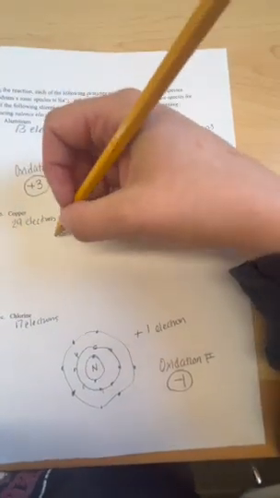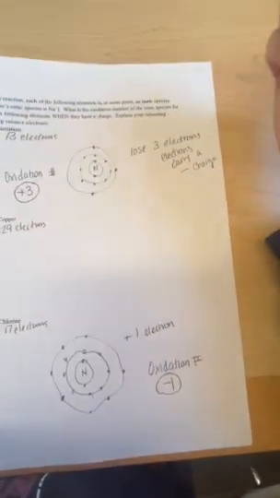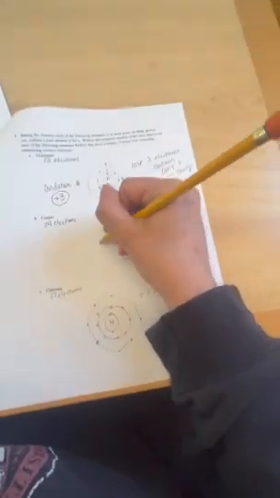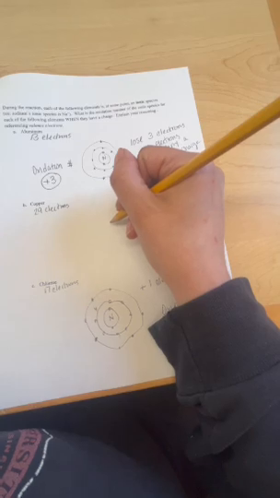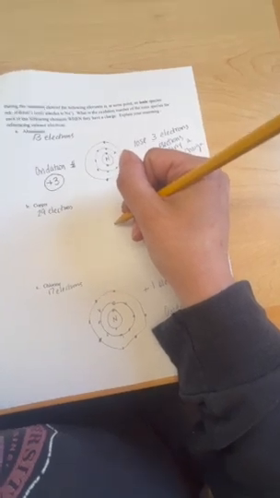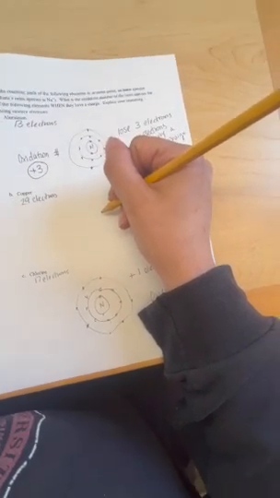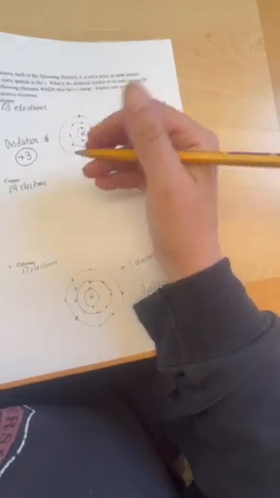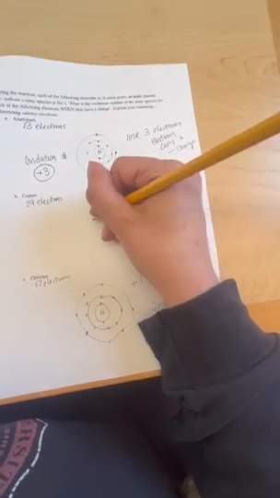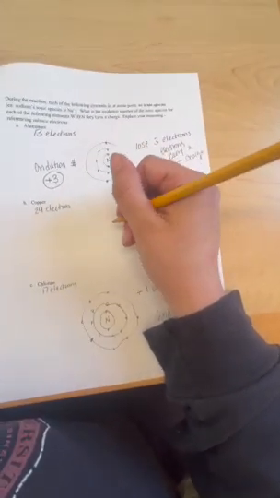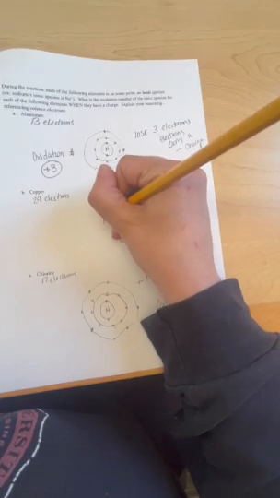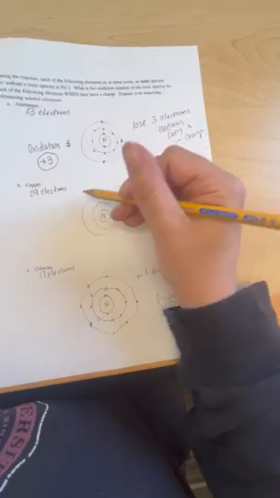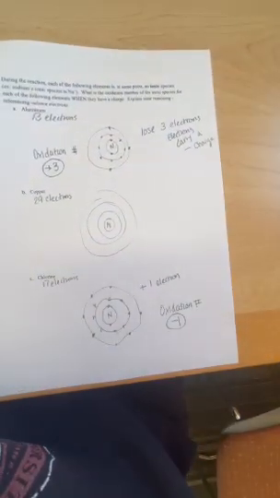So copper here is the one I actually struggled with. I think we're going under the idea that the third shell has 18 electrons, but from what I thought I knew, I thought we only had 8 in that third valence shell, which is making me a little bit confused. If we do it that way, we start with our nucleus, we have 3 shells, and then a 4th shell.